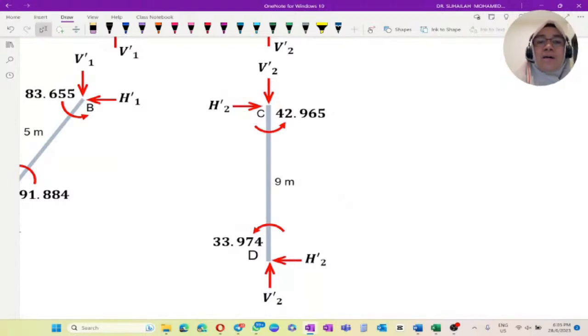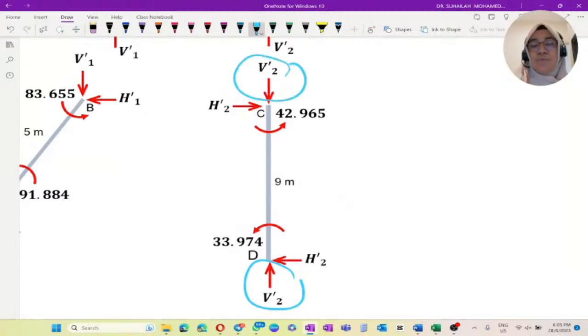The element is one system, and the system must be in equilibrium. From the diagram we can see that this value should be the same as this. One negative, one positive, then only is the equilibrium fulfilled. And for the horizontal forces as well, H prime 2, one negative, one positive, to remain in equilibrium.